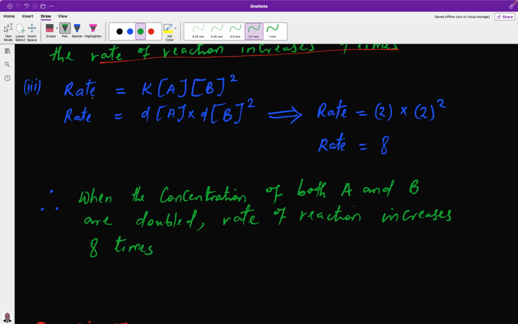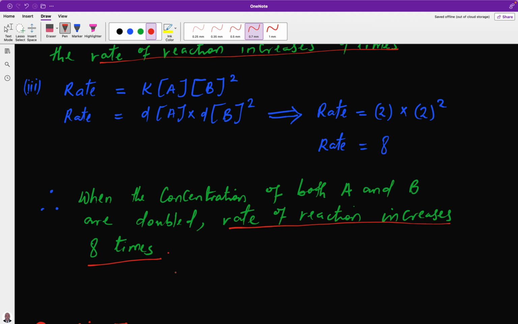That's all. The rate of reaction increases 8 times. That is just all.